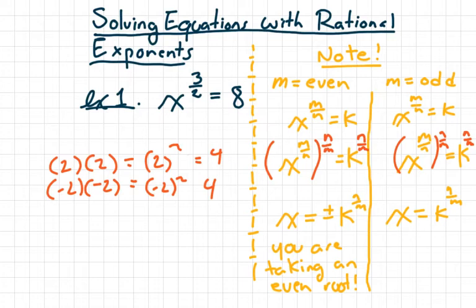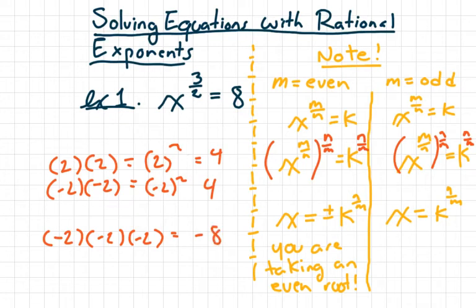However, if m is odd, like the case on the right here, we're going to take an odd reciprocal, okay? We're going to take that m is an odd number, so say it's 3. Negative 2 times negative 2 times negative 2 is a negative 8.